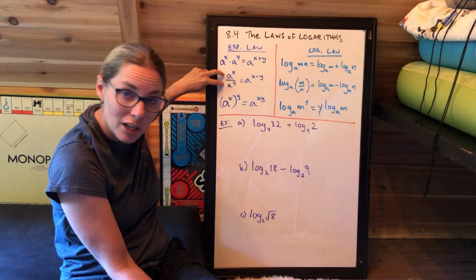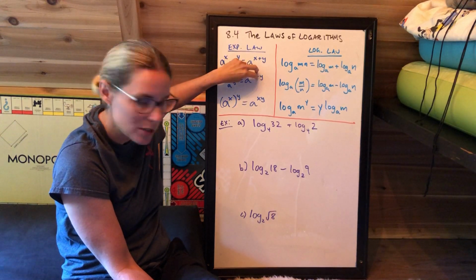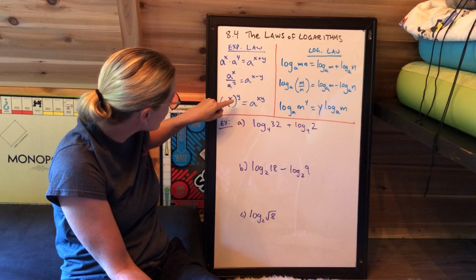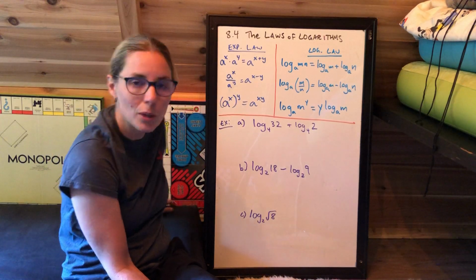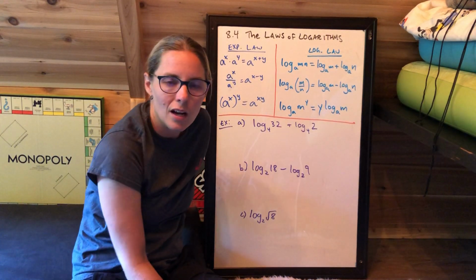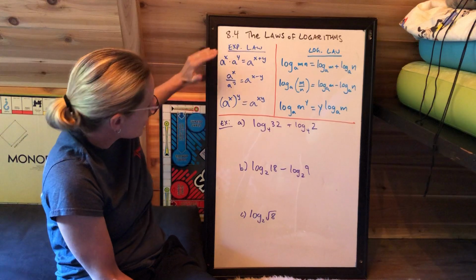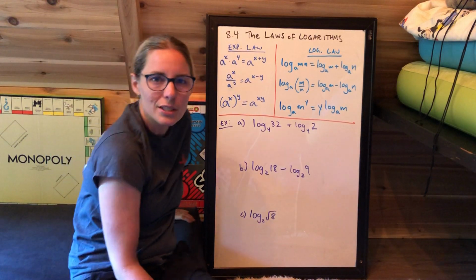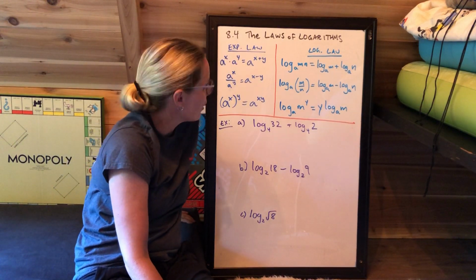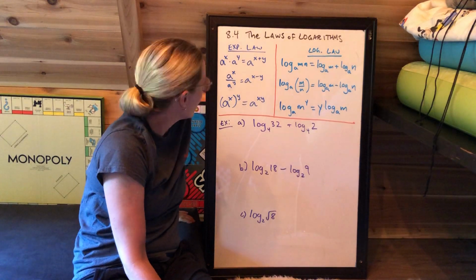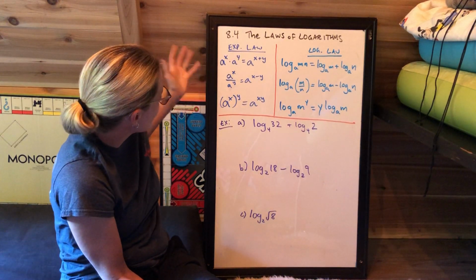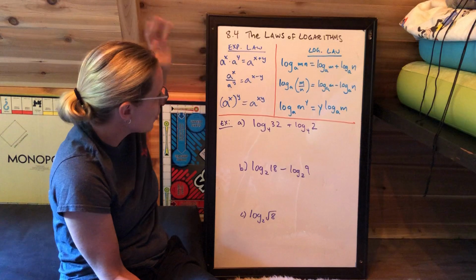When you divide 2 values with the same base, you subtract the exponents. When you have an exponent to an exponent, you multiply those 2 exponents together. This was very basic. We showed you a proof and away we went.